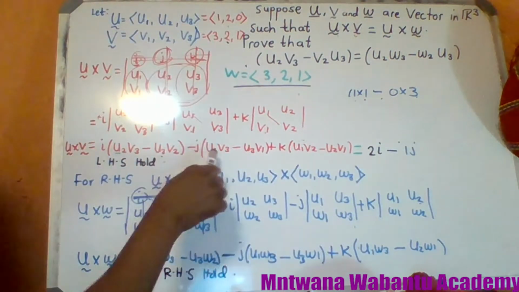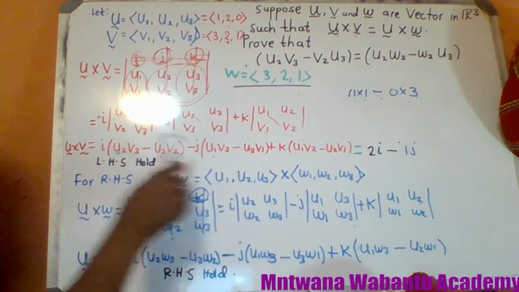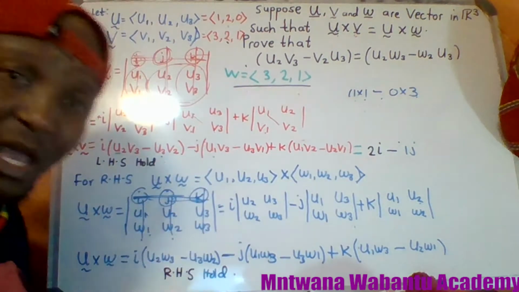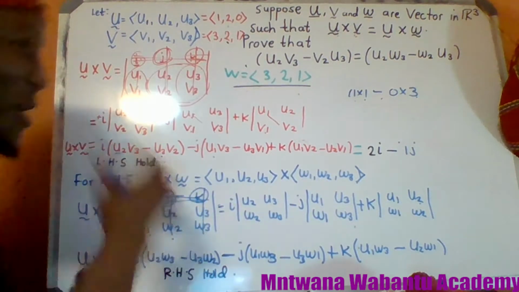So this is 1 minus 0, equal to 1. So it's going to be 1 j, because this is j. But you have to substitute and show it.